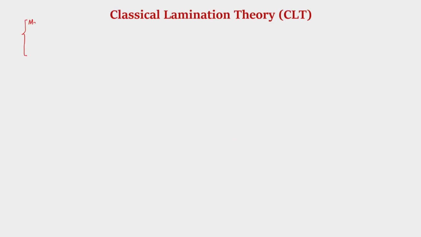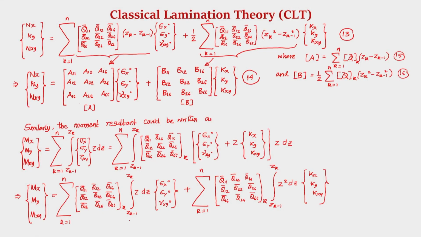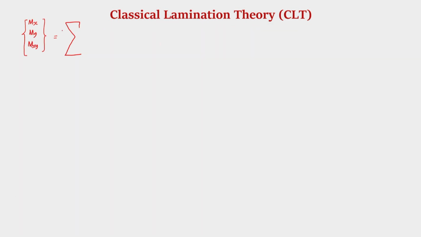m x, m y, m x y is equal to, if we do this integration z dz from z k minus 1 to z k, we get z k square minus z k minus 1 square, the same as before. Therefore, we do this integration and we can take this half outside.